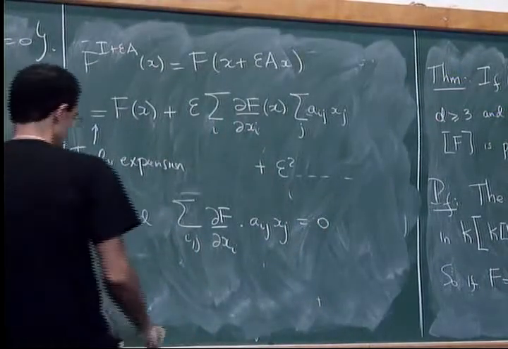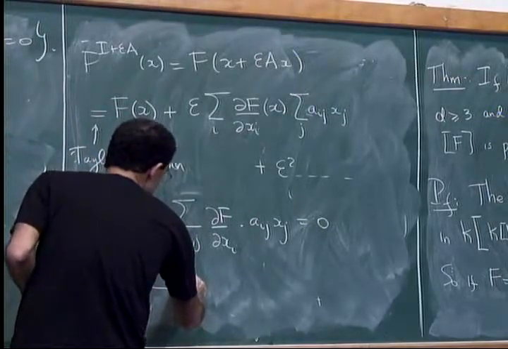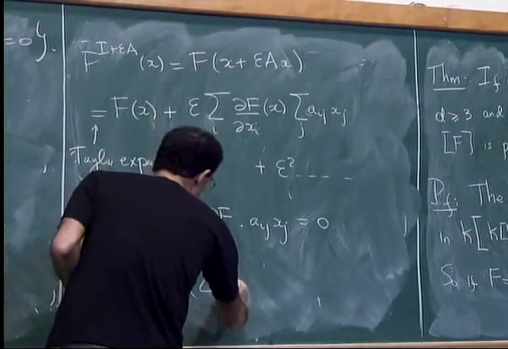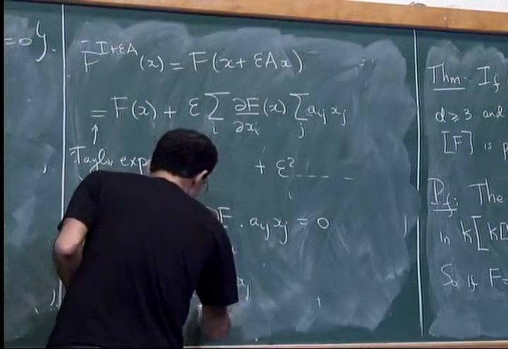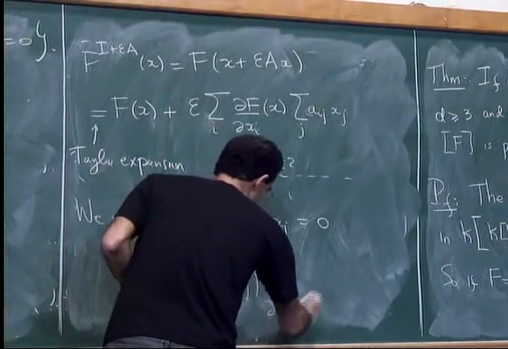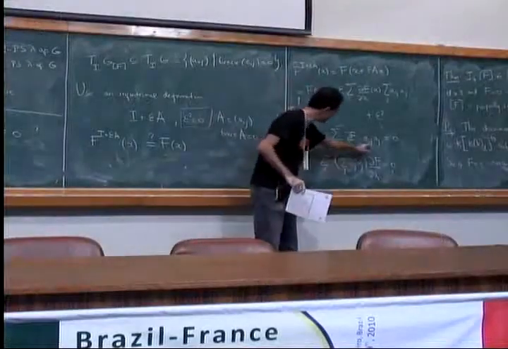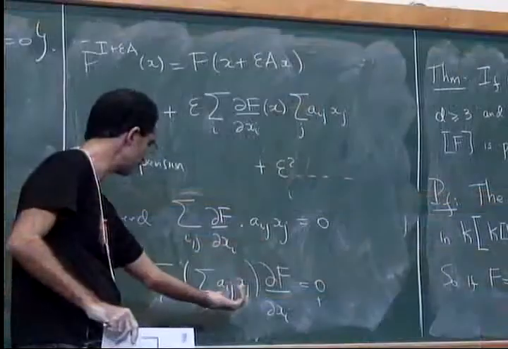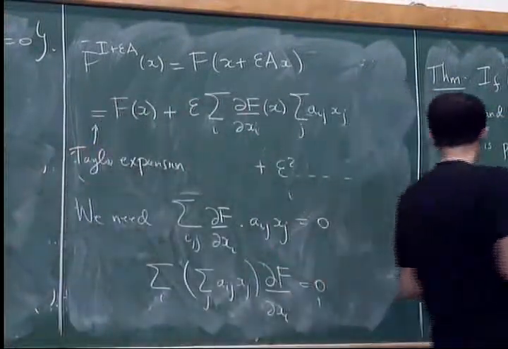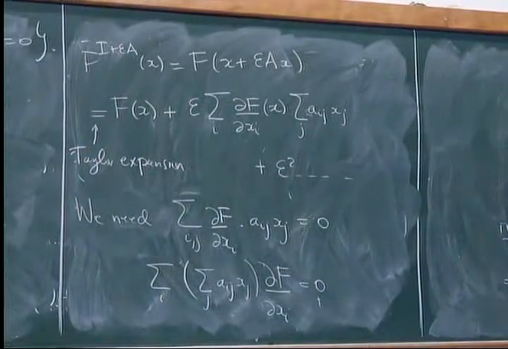Okay? So let's look at it in another way. That's the summation over i of the summation a_ij x_j, and then here this. Okay? So you have the derivatives here, and you have a relation between them given by these linear forms. So you need this polynomial to be 0.